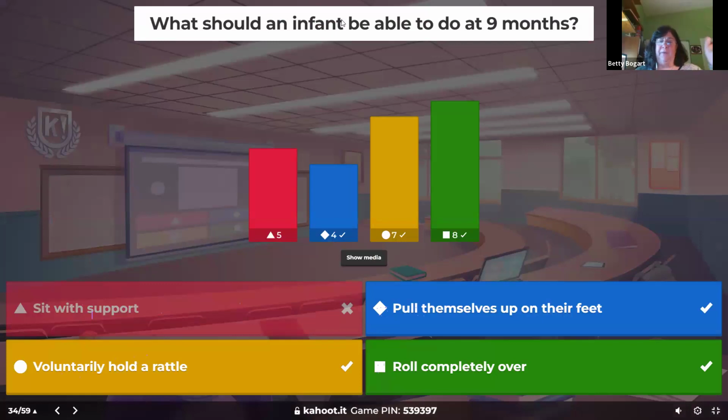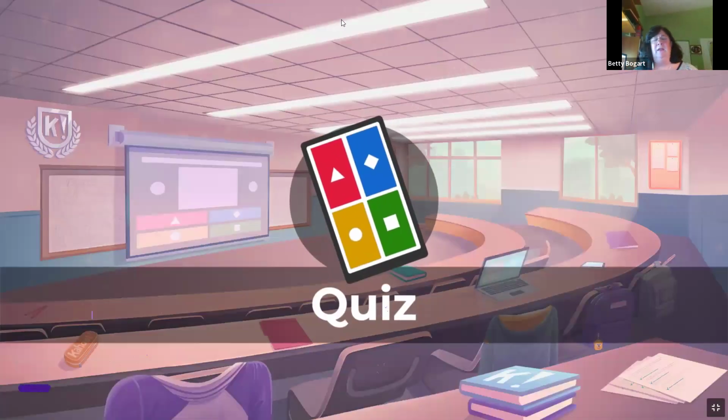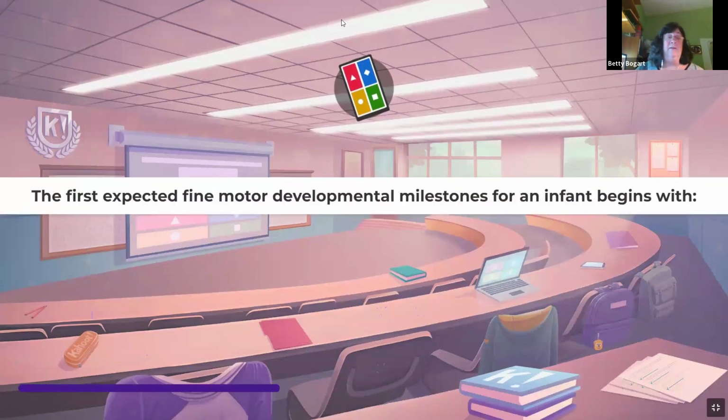They should sit without support at 8 months. That's why sit with support is wrong. No support is needed at 8 months. They can get a rattle, they can pull themselves up, and of course, they can roll over by 6 months. Again, developmental is a lot of information.